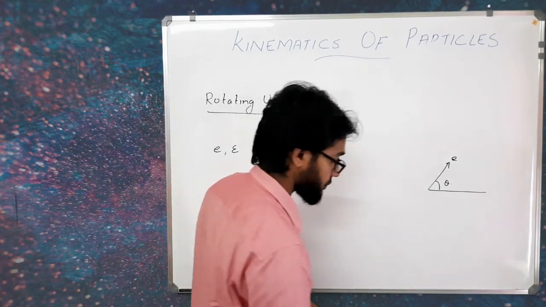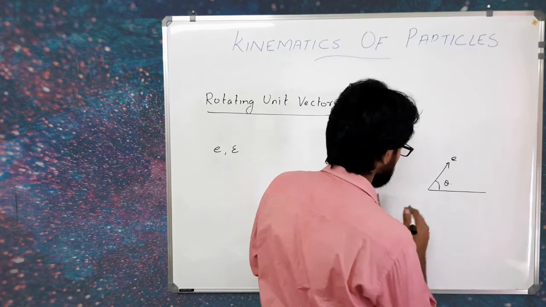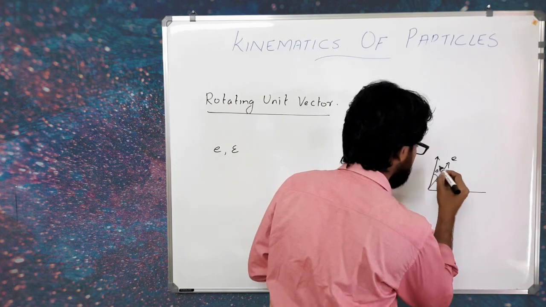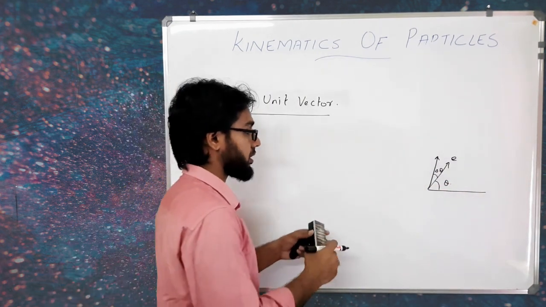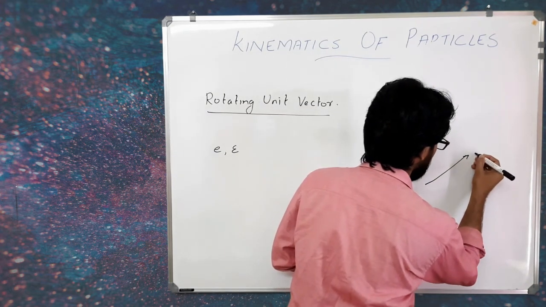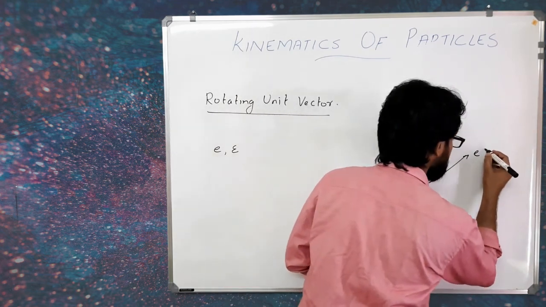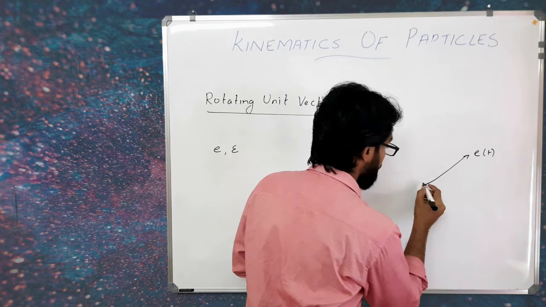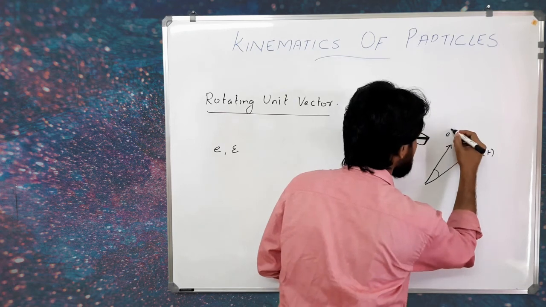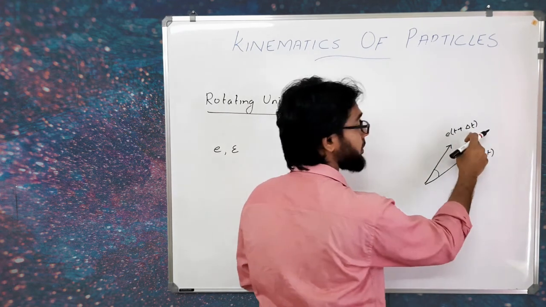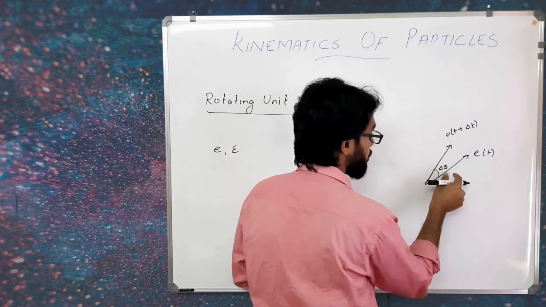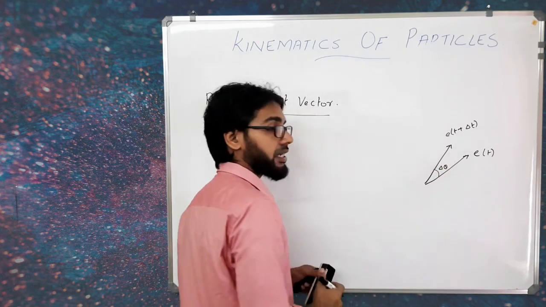Now suppose the unit vector undergoes a rotation of delta theta. I think I'll draw it bigger. Suppose I have a unit vector E at a time t. Now after an interval of time, t plus delta t, the unit vector has rotated by the angle delta theta.